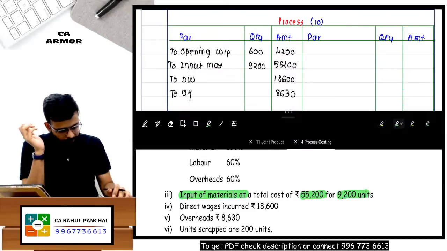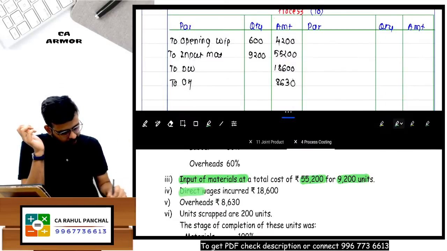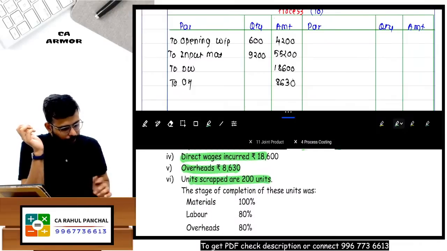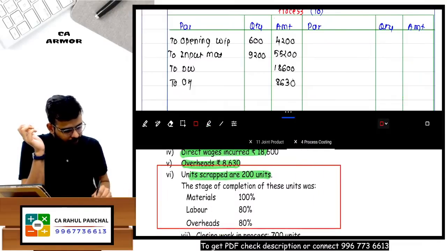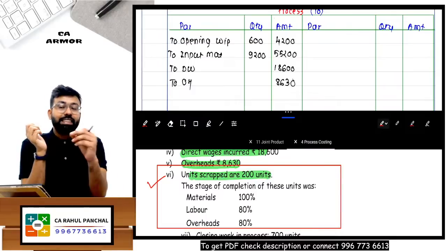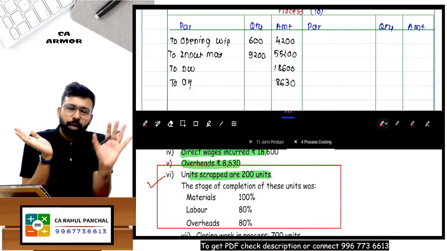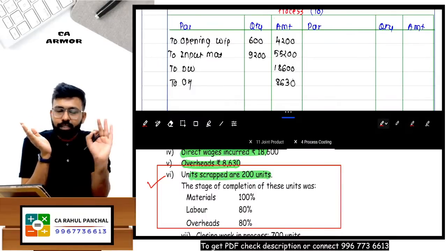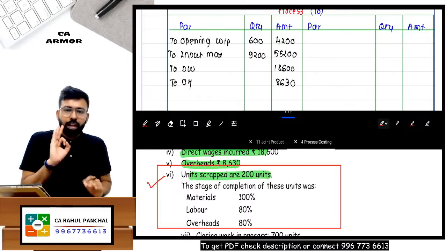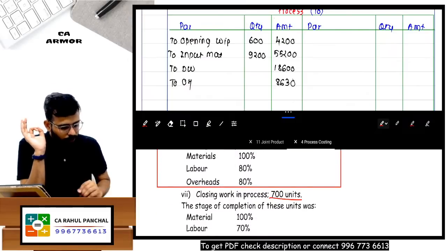Now understand. Direct wages are written, overheads are written, unit scrap. Always remember, you can ignore this information because of the way we design our steps. Unit scrap, it is actual loss. Let us ignore this; in this question you can ignore this loss. After that there is a closing stock, which will be written on the credit side, but there is a process to write. First we should always write normal loss. Then leave 2 lines.